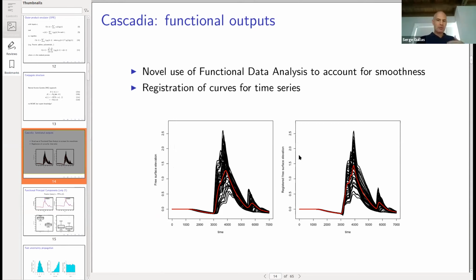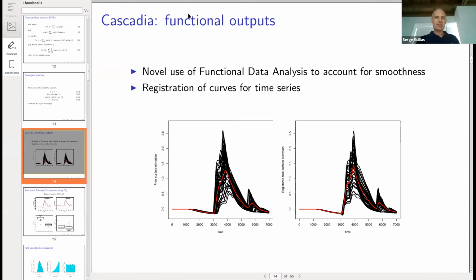But if we use this principal component analysis, but a functional one that acknowledges the smoothness, it's a technique in statistics that's quite sophisticated. You can extract even the kinks. You see, you can extract variability that's linked to the actual phenomenon of interest. So this high-dimensional object, this time series, can be thought about as a function, and you can extract the variability around that function in a functional way by accounting for the smoothness.